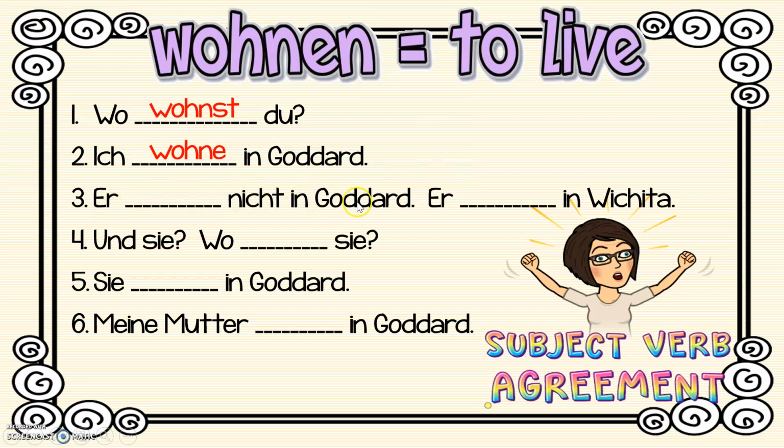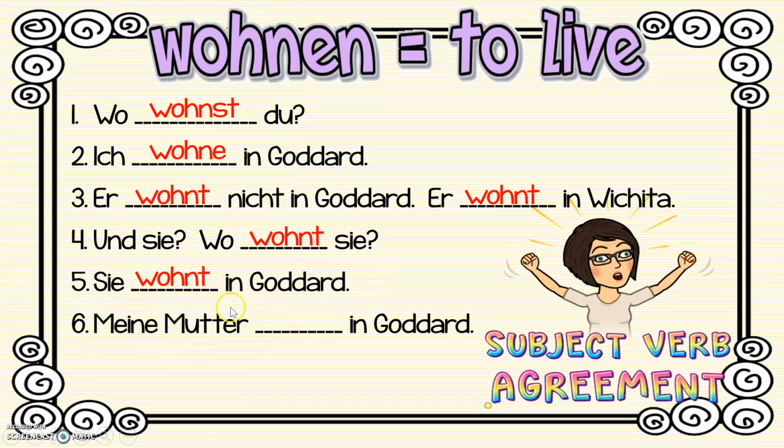He does not live in Goddard. He lives in Wichita. Take the en off, he, she, it, so that's going to take a t. Er wohnt nicht in Goddard. Er wohnt in Wichita. And she, where does she live? He, she, it ends in T, so it's another T. Wo wohnt sie? Where does she live? She lives in Goddard. Sie wohnt in Goddard.